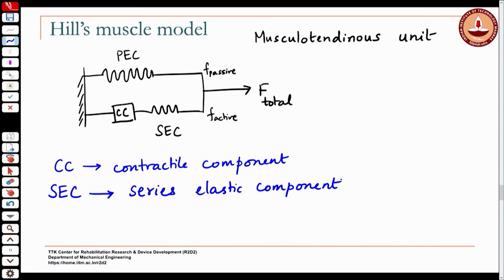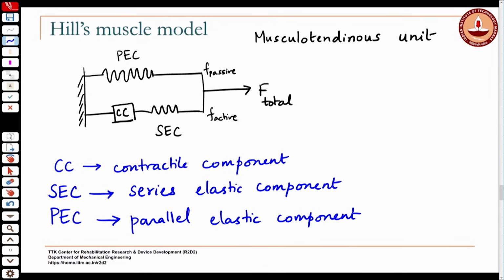And P is the parallel elastic component. So, these are the tissues. Okay. So, you have whatever force is generated by the muscle, and that is the same force experienced by the tendon.